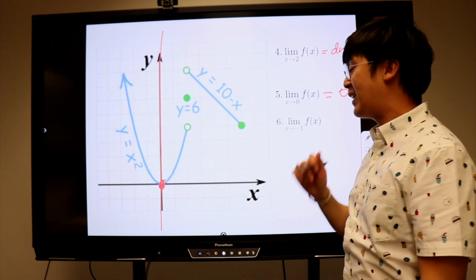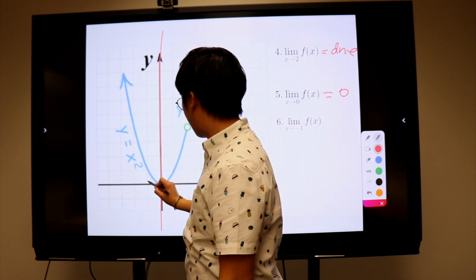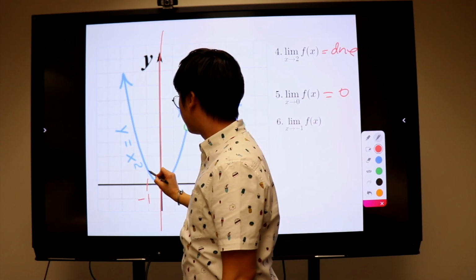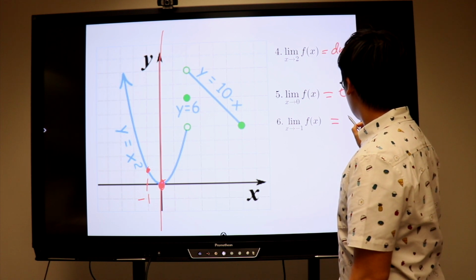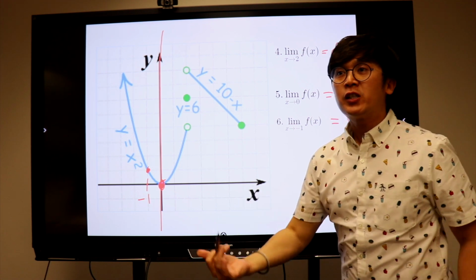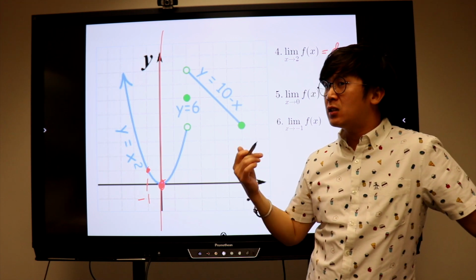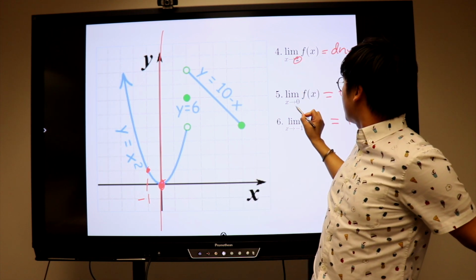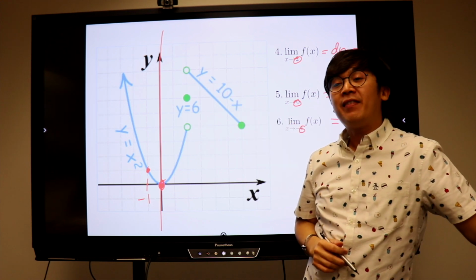How about -1? Does it exist? Yes. And what is the value of the limit? 1. Positive, negative? Positive. Yes. So it's safe to say that when you're solving a limit, it's basically just substituting the value of x into the function. And that is true.